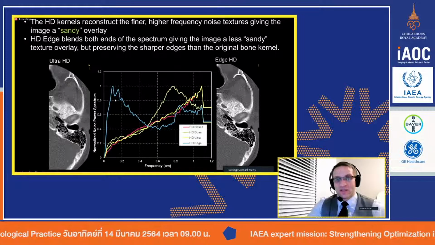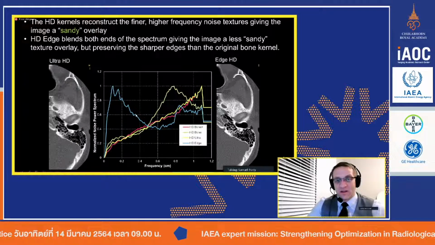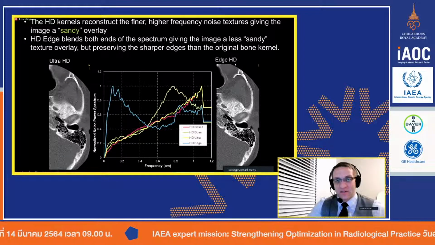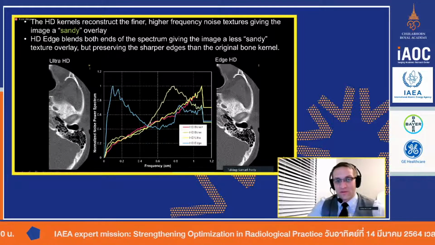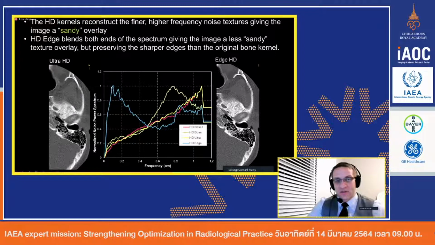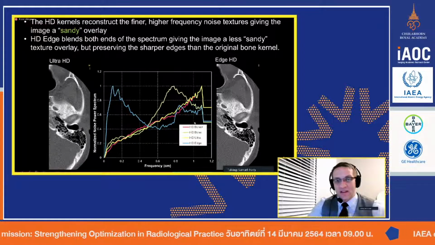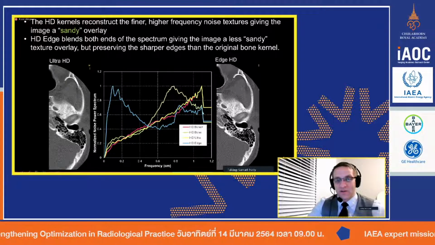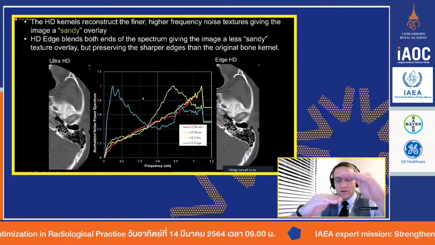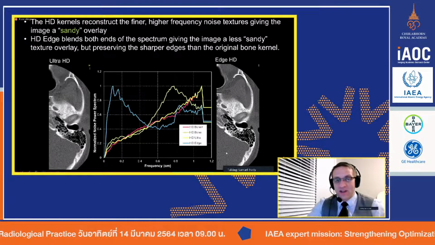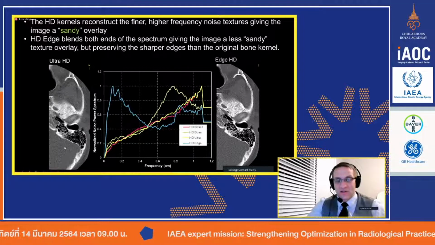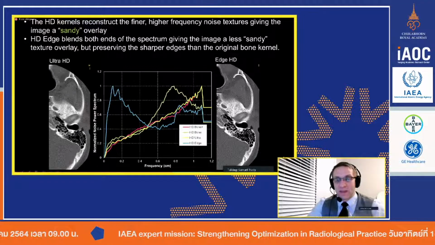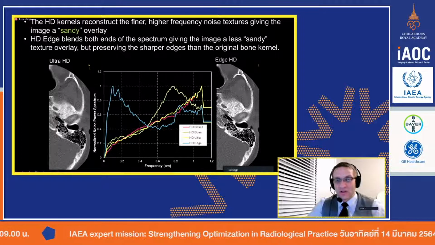And so interestingly enough, you can see here, this HD edge right here, it has a bimodal filter. So it accentuates the lower frequencies and the higher frequencies, and the higher frequencies are actually in amplitude a little lower. The idea here is it's trying to not have as strong a sandy texture overlaying the image, but yet maintain the same structure in the bone.